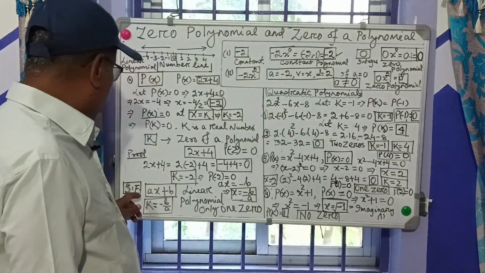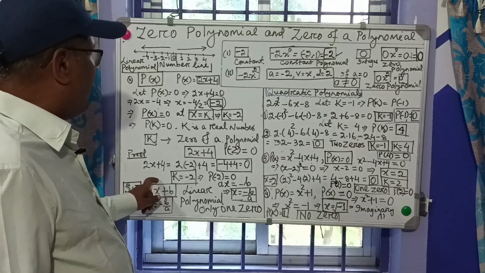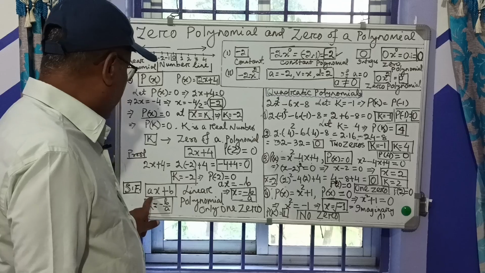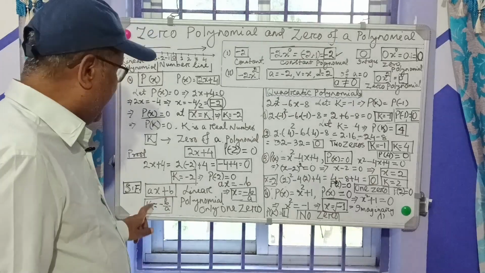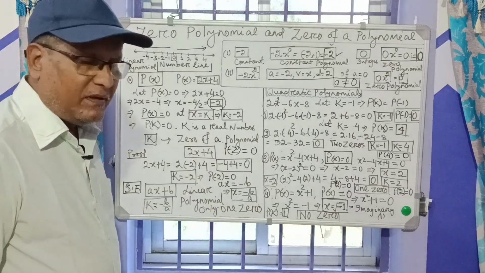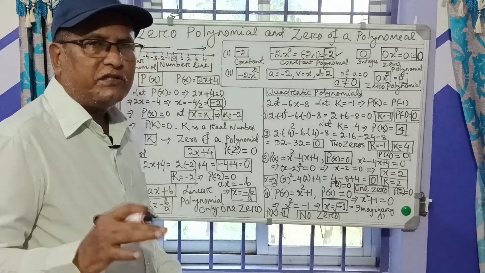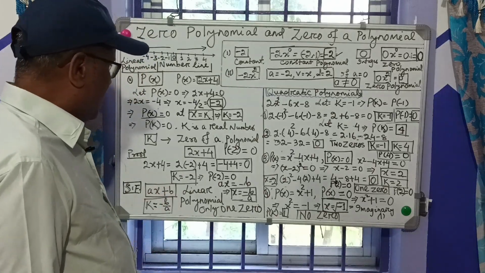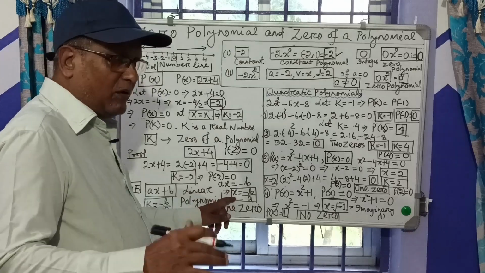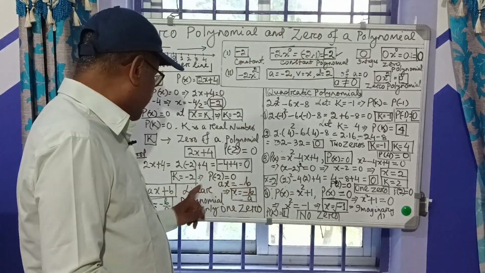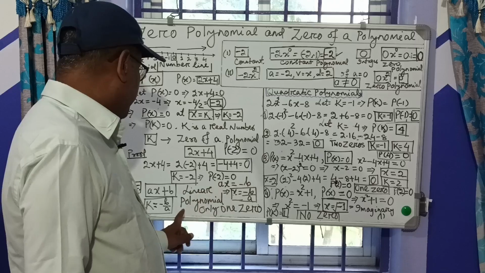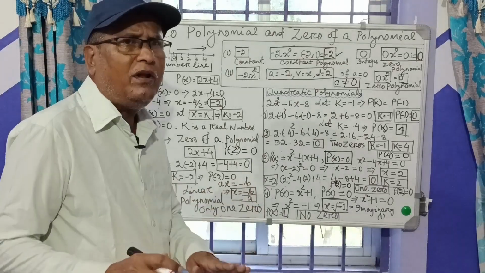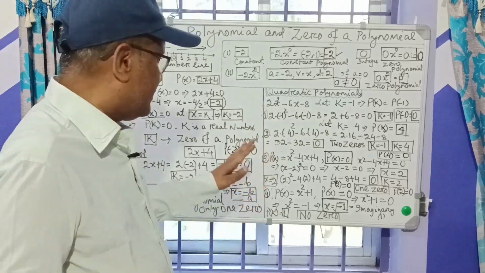Now come to the standard form of a linear polynomial, ax plus b. A is the coefficient of variable x and b is the constant. This is the standard form. From the standard form, we can find out the value of the zero. Here x is equal to minus b by a by transposition. So k is equal to minus b by a for all linear polynomials.